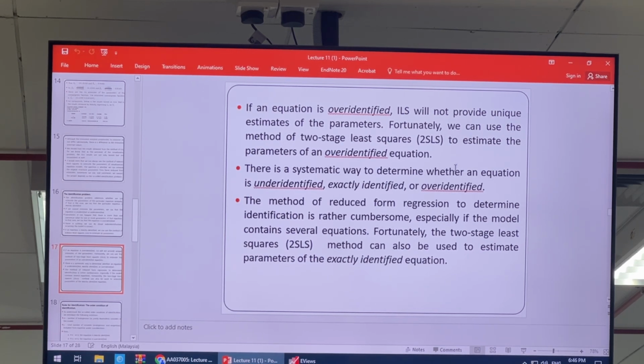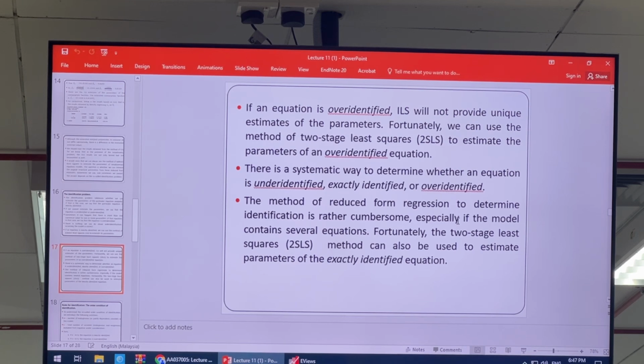There is a systematic way to determine whether an equation is under-identified, exactly identified, or over-identified. If you have a simultaneous equation, you have to identify first whether the parameters or coefficients within each equation can be estimated or not. The method of reduced form regression to determine identification is rather cumbersome, especially if the model contains several equations.